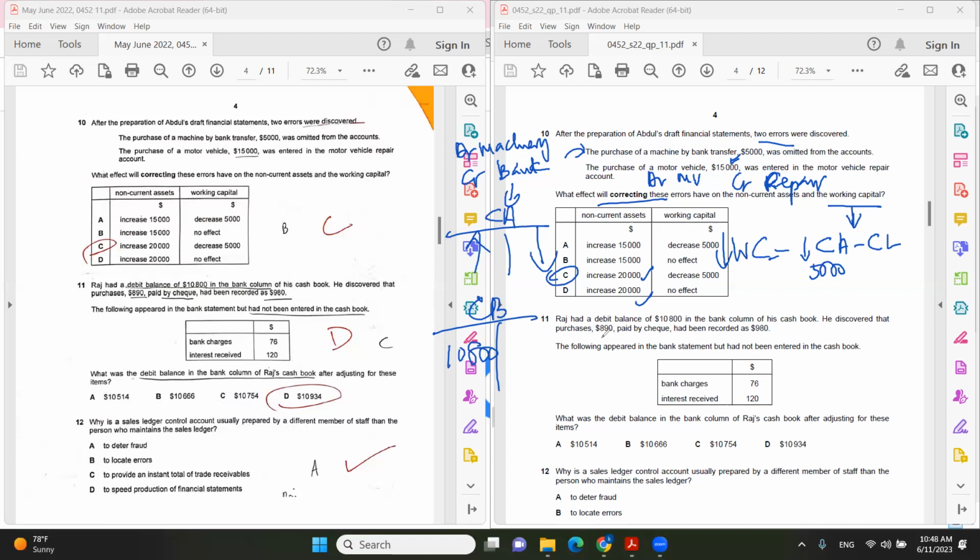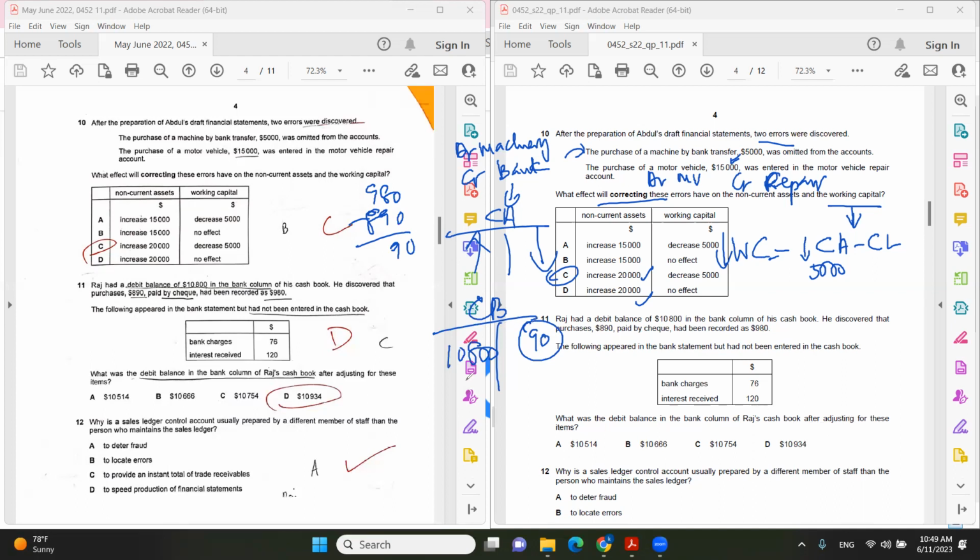That means this amount we over-recorded: 980 minus 890, which is 90. Cheque means bank. We overstate by 90 here. The following appear in the bank statement but have not been entered in the cash book. The question: what was the debit balance in the bank column of the cash book after adjusting this error?